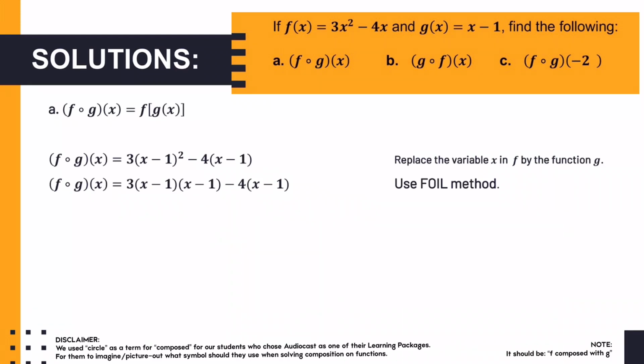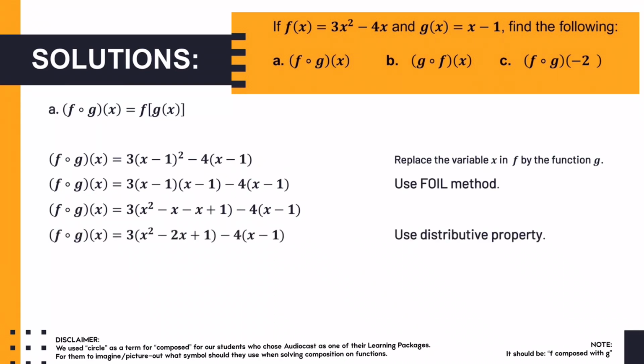Then the last terms, negative 1 multiplied by negative 1, that is positive 1. After that, combine similar terms. X squared, negative x, that is negative 2x, then positive 1. Then go back to the original function: 3 times the quantity x squared minus 2x plus 1 minus 4 times the quantity x minus 1.